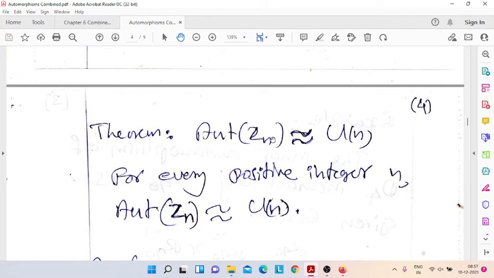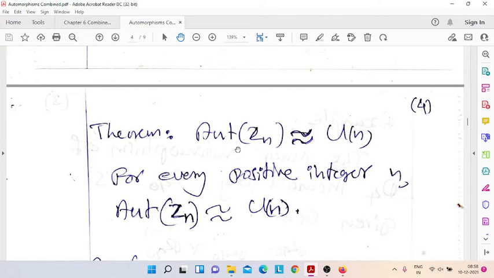We consider the automorphism group of that group Zn. The operation defined in the group Zn is addition. Then we consider the automorphism group of Zn. Automorphism group means we consider all automorphisms of a group, and then we get the automorphism group.